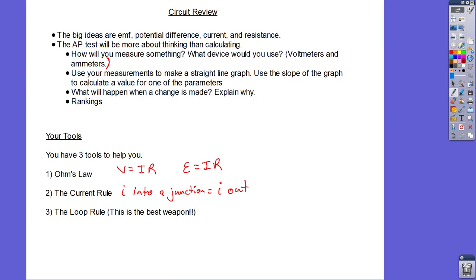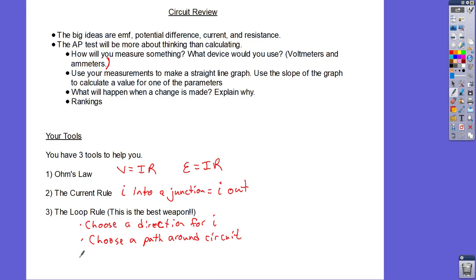Remember, and we'll see this in an example here, basically you choose a direction for the current, and then you choose a path around the circuit, and usually that'll end up being in the direction of the current you picked.